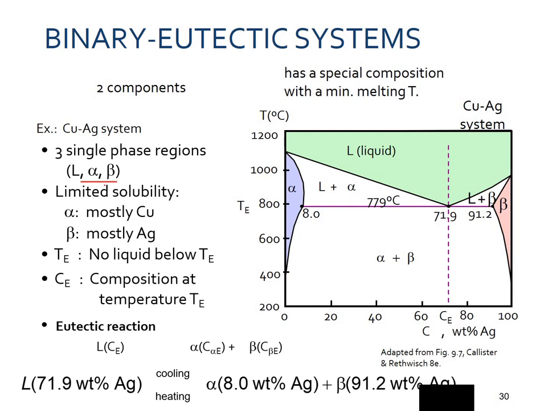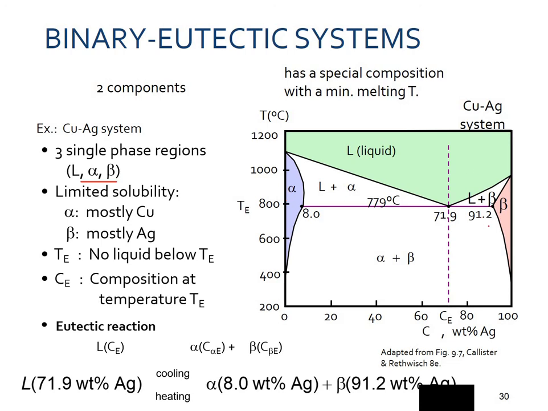We can see the solid solubilities: alpha is mostly copper, but not all. You should not be mistaken that the alpha region is copper only. No, it's not copper only, but it's mostly copper. There must be some amount of silver present as well.